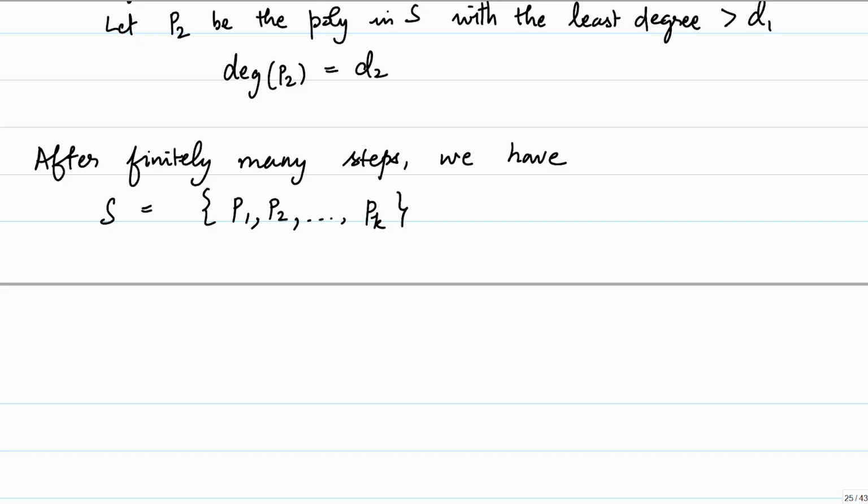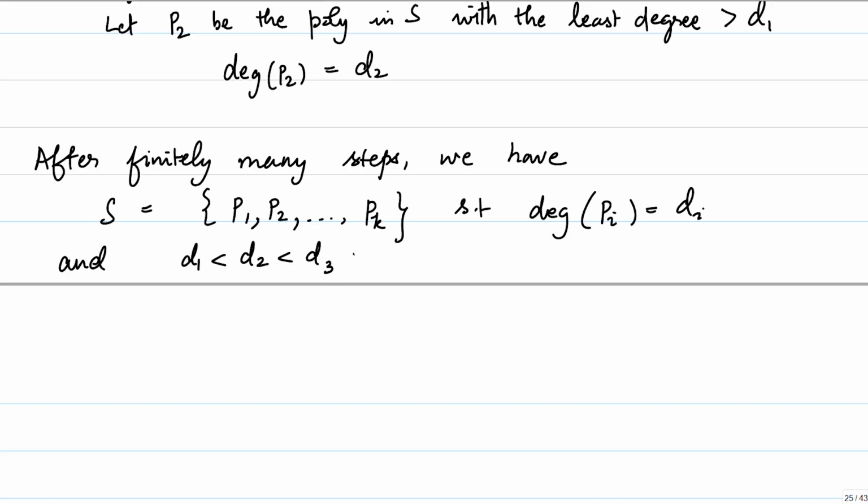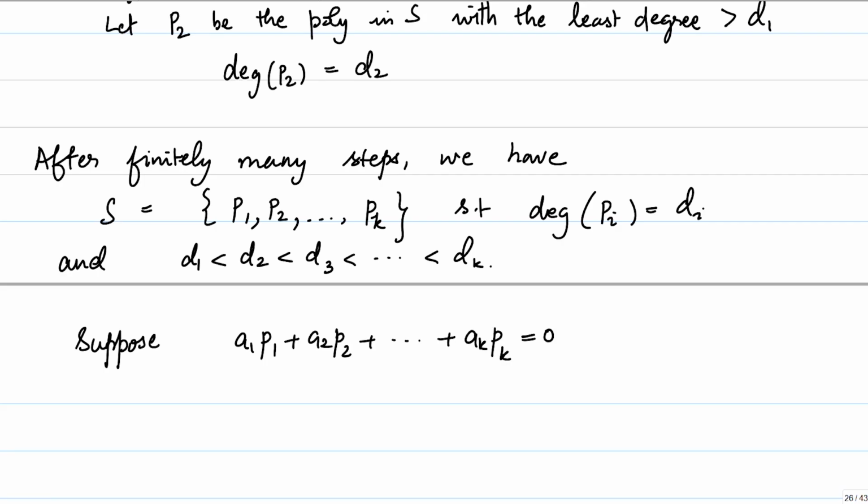There are finitely many of them, such that degree of Pi is equal to Di and D1 is less than D2 is less than D3 less than dot dot dot Dk. So Pk has the highest degree and Pk minus 1 has degree less than the degree of Pk and so on. Okay, now we are almost done. Suppose A1 P1 plus A2 P2 plus up to Ak Pk is equal to 0. Then what do we know?